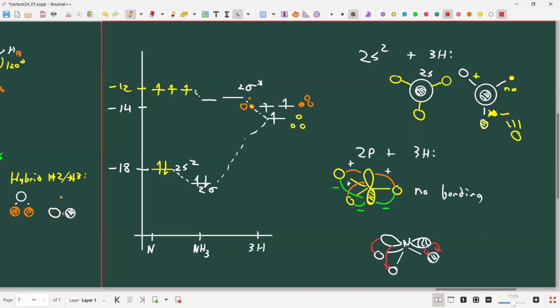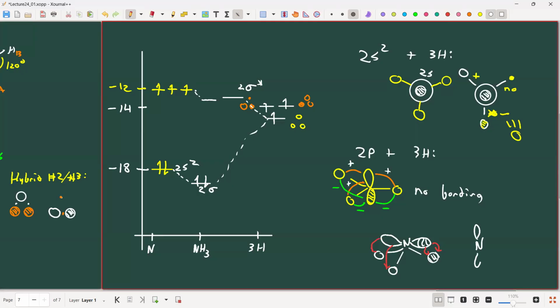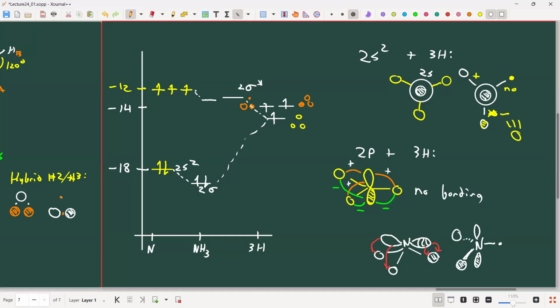We also have another interaction where the p orbital is perpendicular to that, where I have a hydrogen like this, and a node here on this hydrogen. And again, we see positive interaction between these two. Right?